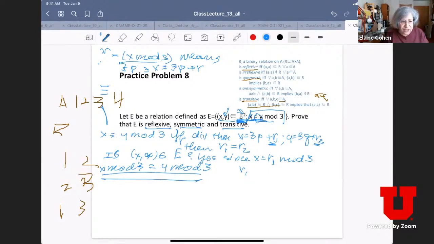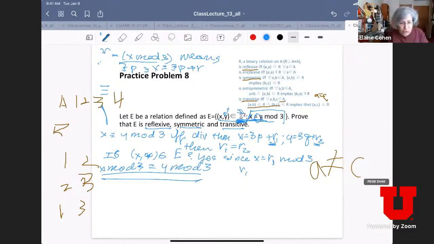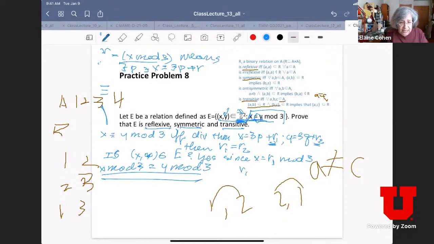If it's reflexive and symmetric, it need not be transitive. Well, we never said that A and C are equal. Like (1,2) and (2,1), it's like A to B and B to C. This is transitive. Yes, it would be, that would say 1 relates to 1, but there are lots of other cases for transitivity.